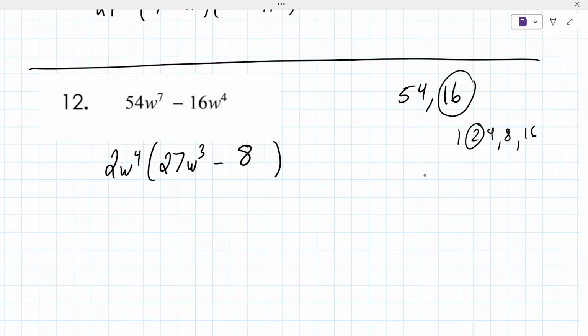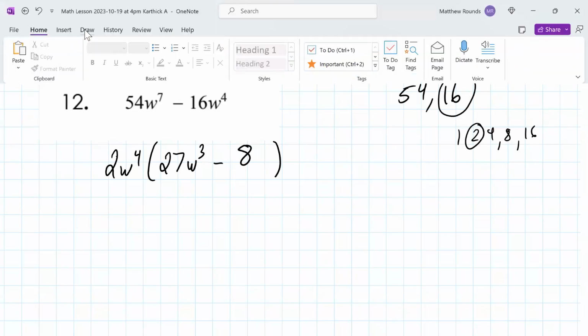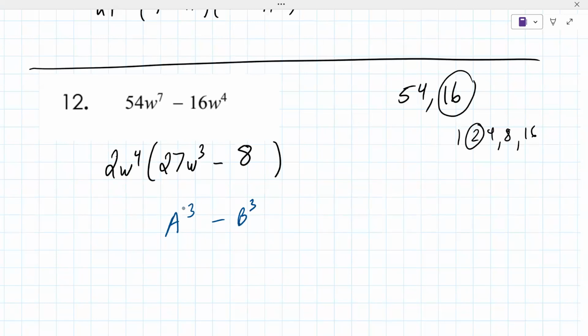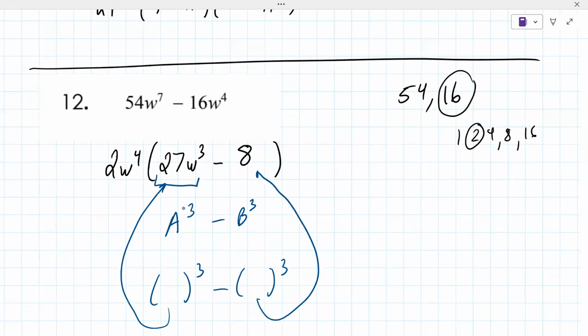Now this is a difference of cubes. So this is an a cubed minus b cubed situation. You have to figure out what cubed gets you back to the original. In this case, a is already cubed, and w is too, but how do you get to 27?